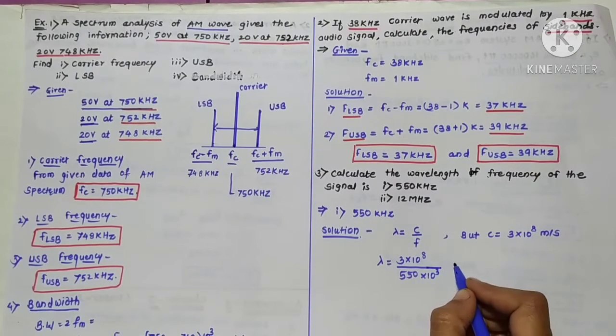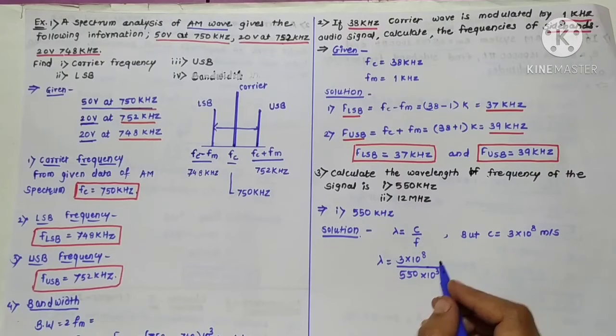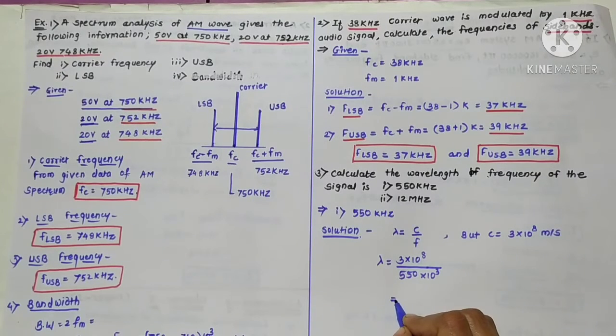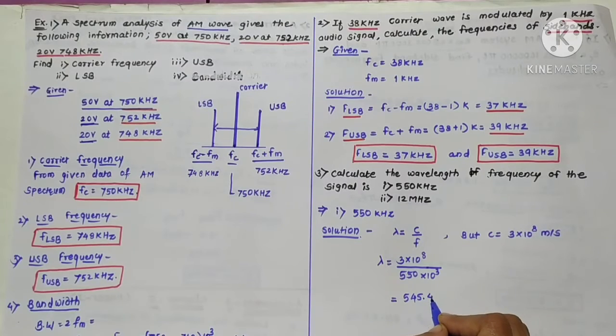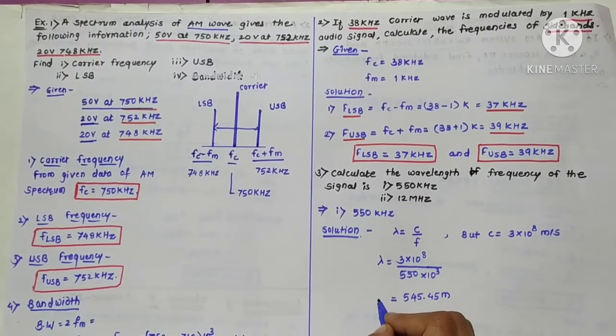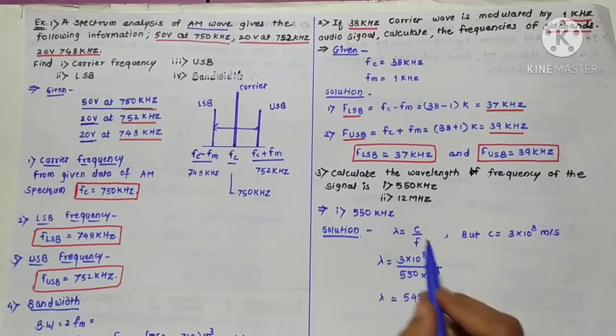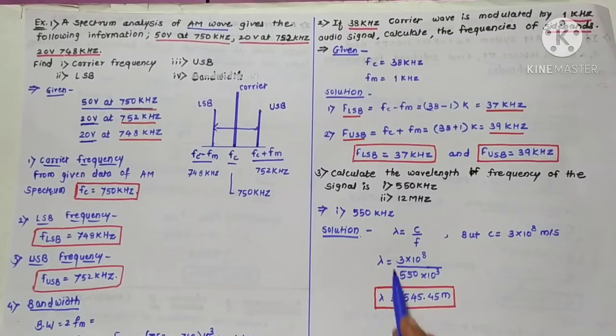It is in kilohertz. Okay students, so we get lambda is equal to 545.45 meter for 550 kilohertz. So this is the wavelength for 550 kilohertz frequency.